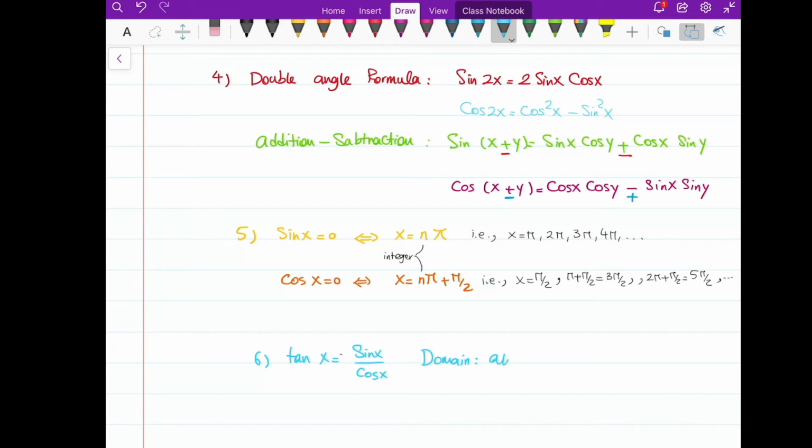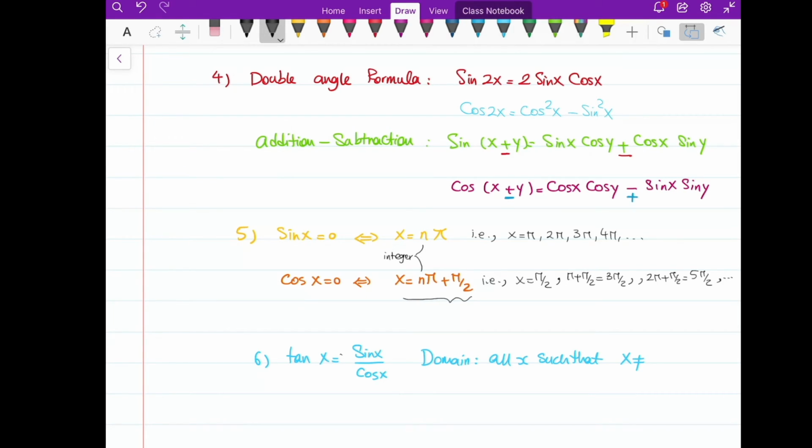Would be equal to all x such that, as you see, it's a fraction. I don't have any problem in the numerator. I have a problem in the denominator. The denominator cannot be 0. So all x such that their cosine is not going to be 0. So cosine is 0 where? At these points, right?